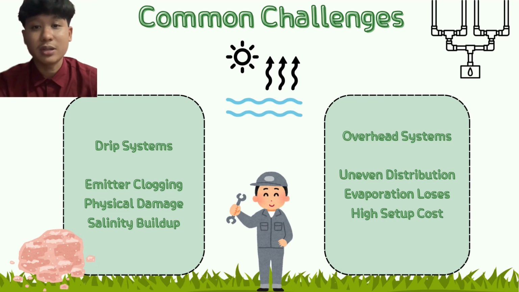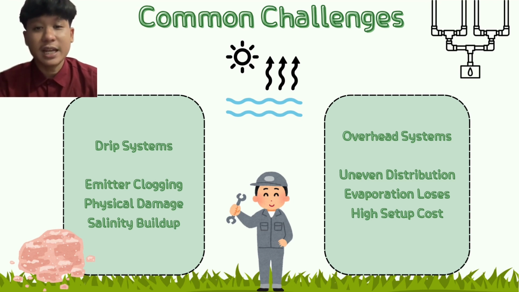Some plants may receive too much water, while others get too little, resulting in poor plant growth and reduced crop yields. Clogging also requires regular maintenance and proper water filtration to prevent disruption. Second one is physical damage.